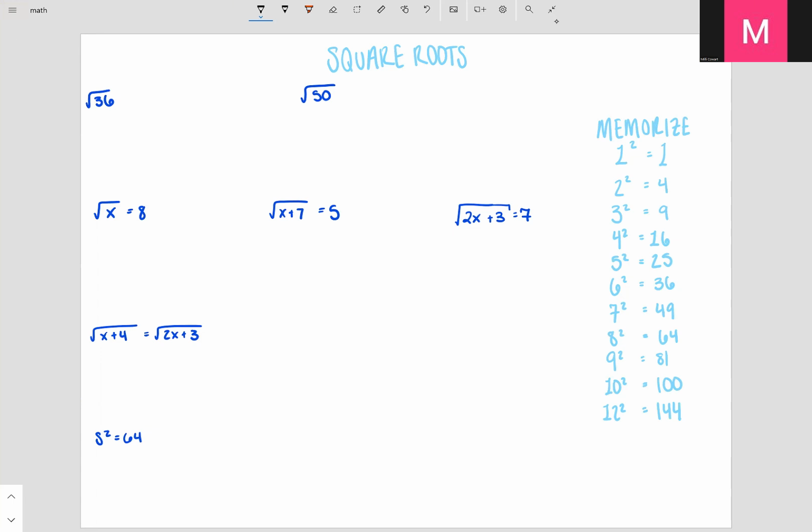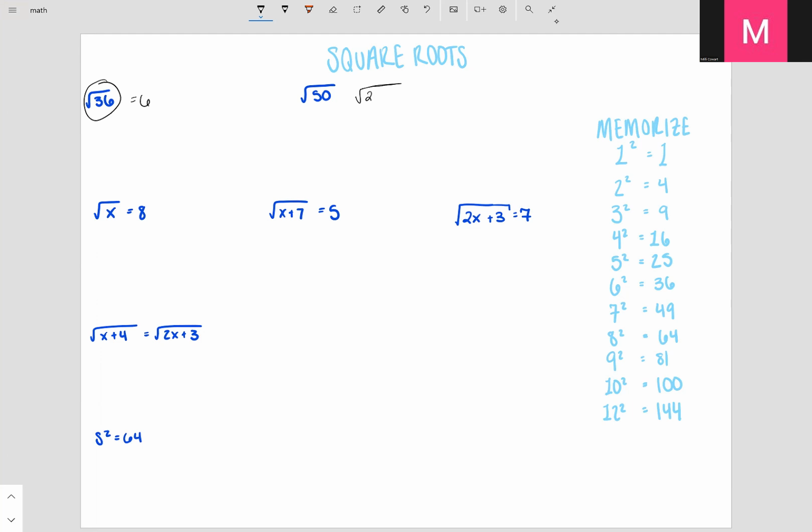It would be beneficial to memorize at least the first 12 squares, but of course you don't have to. You can just multiply it out like regular if you need to. So simplifying this first one, we know that the square root of 36 equals 6. But the square root of 50, we're going to have to divide this up.